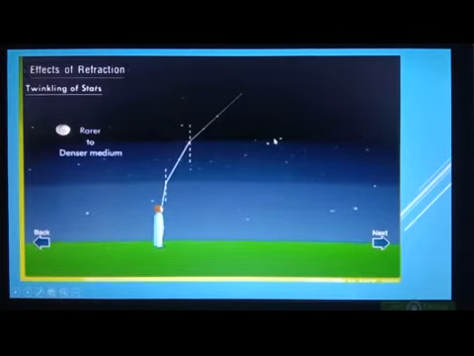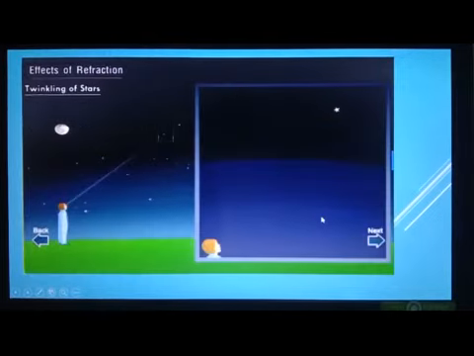So the convection current and at the same time refraction will cause the position of the star to shift or move, right? So what you observe, the movement of the star, is actually due to refraction and convection current. So it looks like it's twinkling. Actually, it stays at rest.